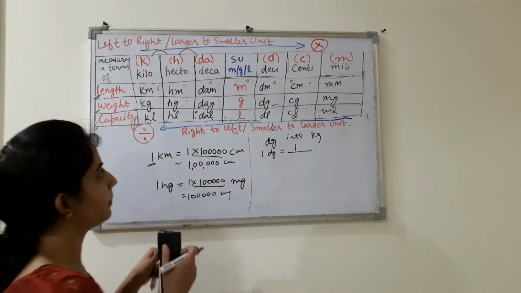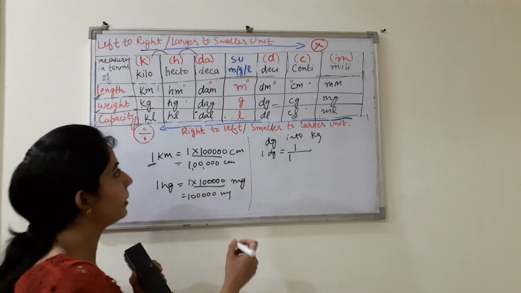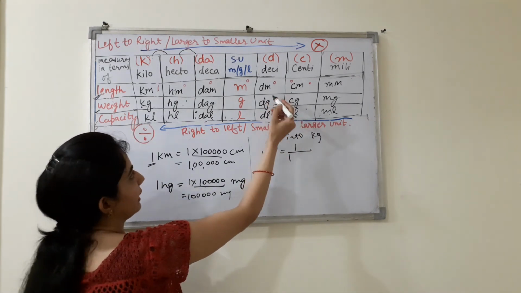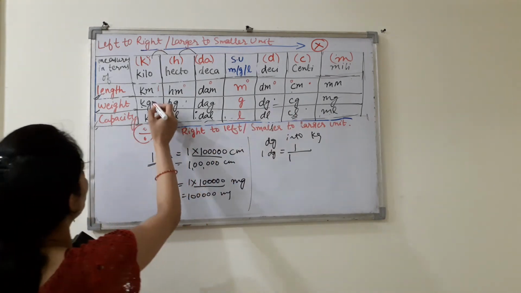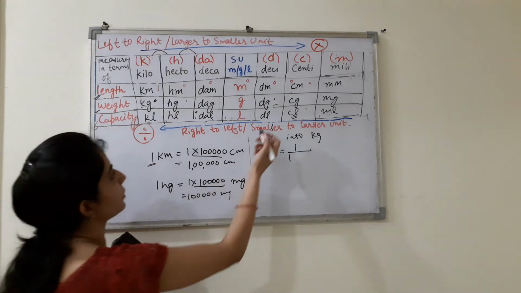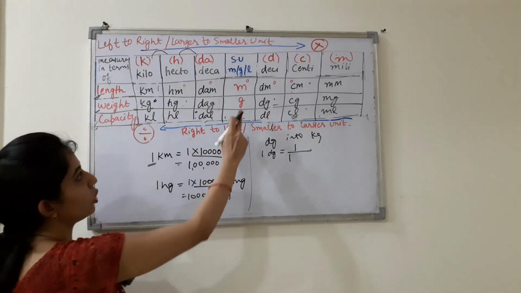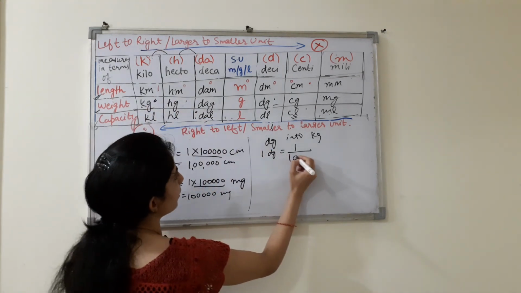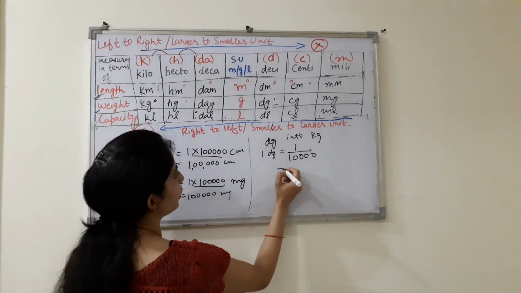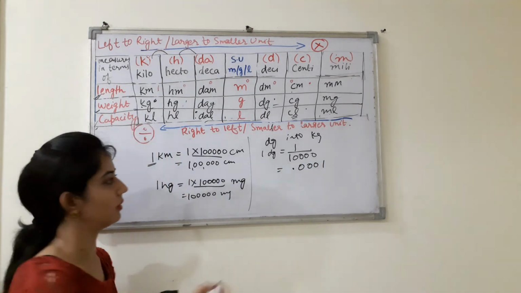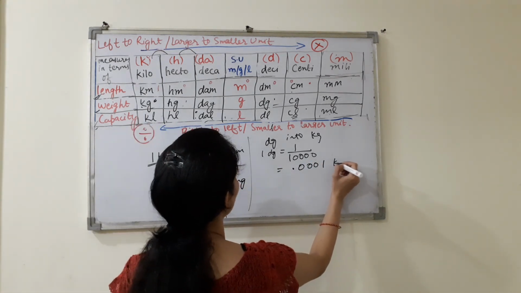So 1 divided by the number of units. How many units do we have? You are on decagram, and you want to go to kilogram. So consider the rest of the numbers as 0. So 1, 2, 3 and 4. So it will be 0.0001. Okay, it is in kilogram.